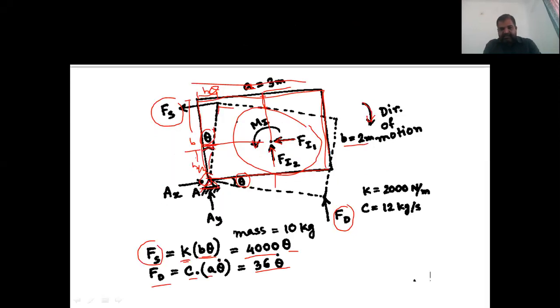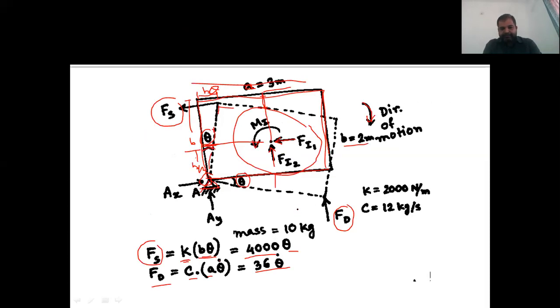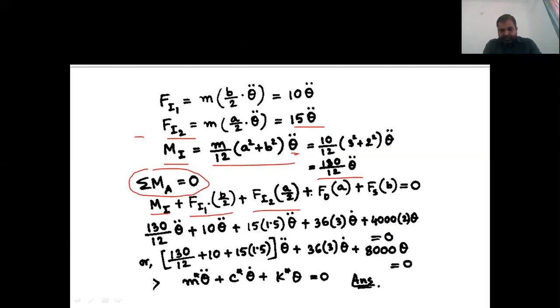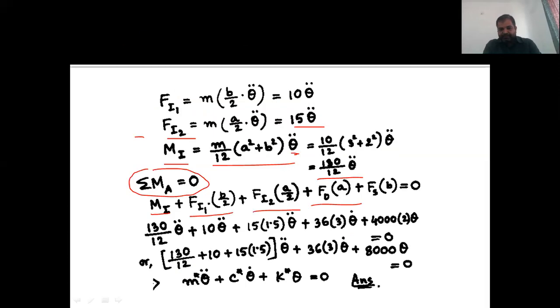And the third one is the moment, which I'm directly taking, so mi, plus fd into this length, which is a, fd into a, and I will take fs into this length, which is b, is equal to 0. So these three are the terms with theta double dot.